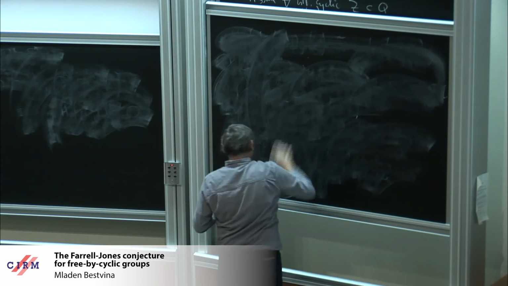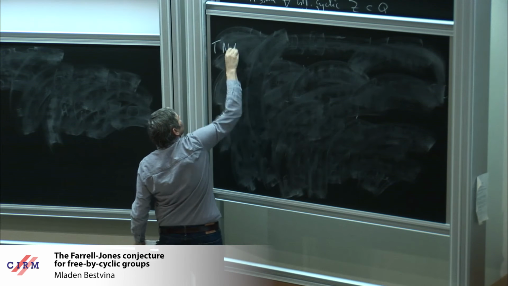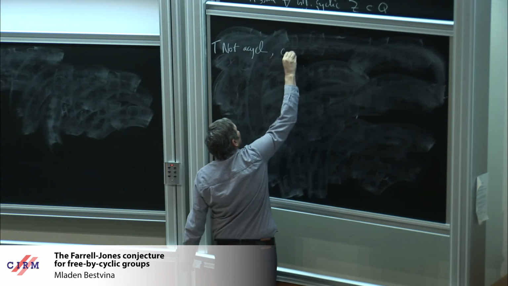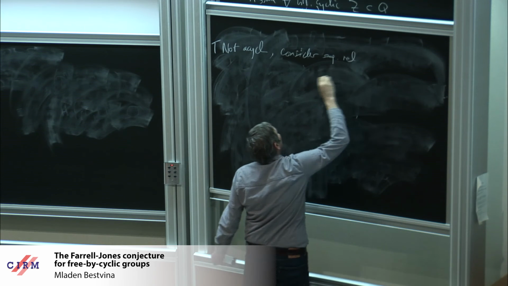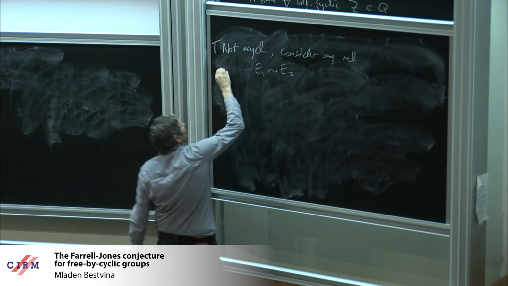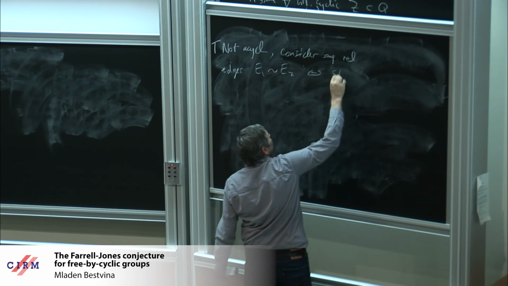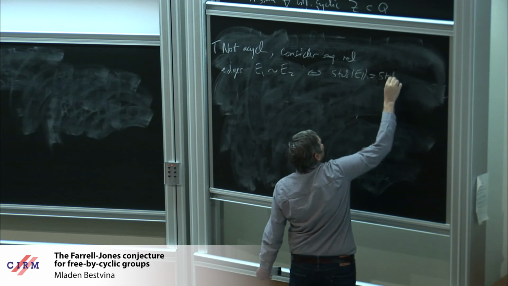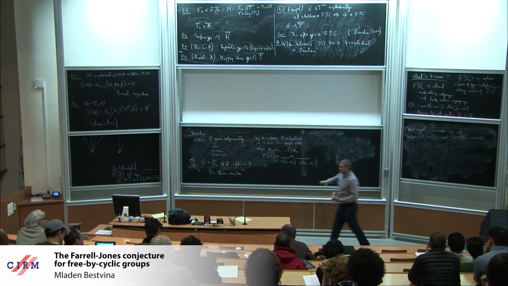T is not acylindrical in general, but consider the equivalence relation: edge E1 is equivalent to E2 if they have the same stabilizer. They're always infinite cyclic groups. And then what happens is that the equivalence classes form trees.